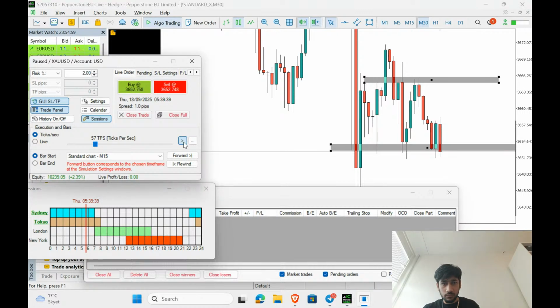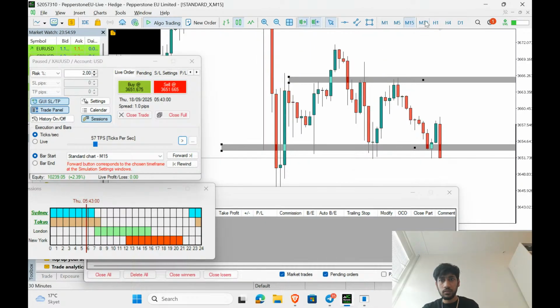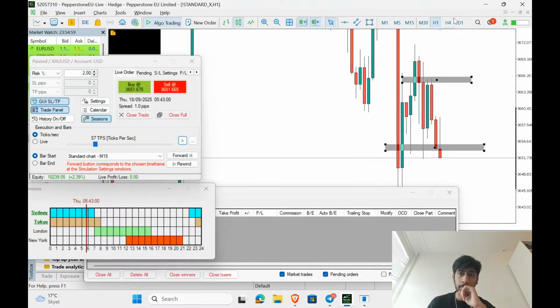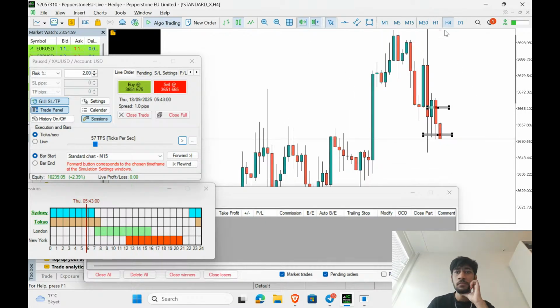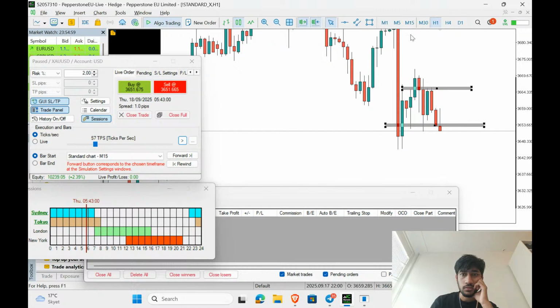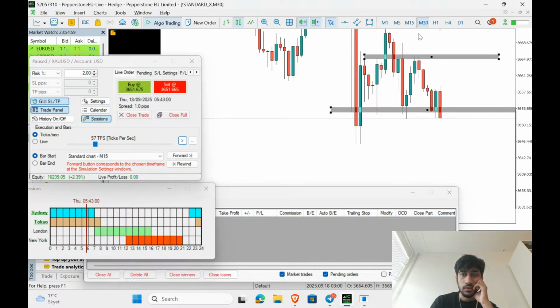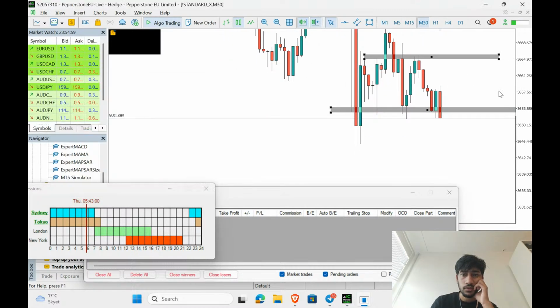Right here, H4 breaking its low. H1 breaking its own low. M30 breaking the low. Sell.